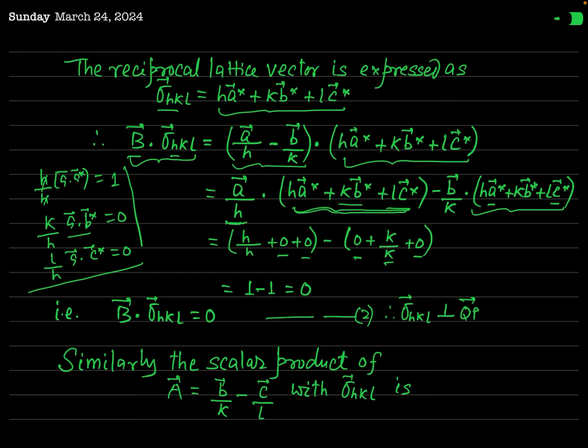So this is K by K, and that will be 1. So what is your result? You can see this is simply 1 and this is simply 1. So this is 1 minus 1, that is 0. So finally we get that the scalar product of this arbitrary vector B with the reciprocal lattice vector sigma HKL is equal to 0. Okay.